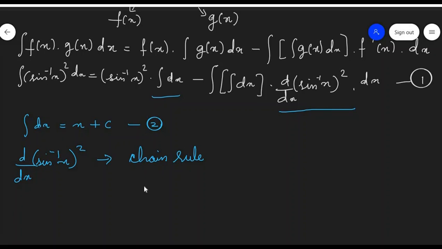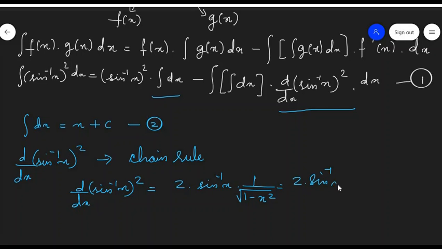So for (sin⁻¹x)², I am going to write 2 sin⁻¹x. Now I need to differentiate sin⁻¹x, which can be differentiated as 1 by the square root of 1 minus x². So I can write this as 2 sin⁻¹x upon the square root of 1 minus x², and call this equation number 3.